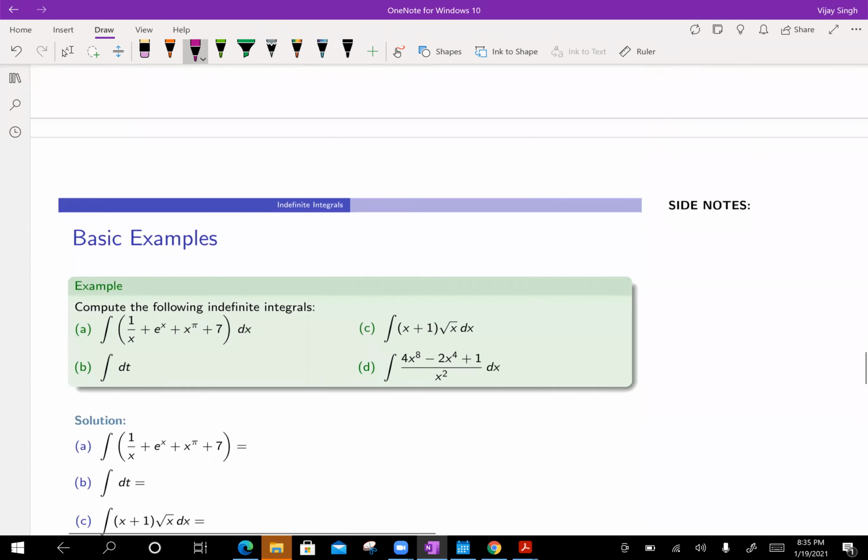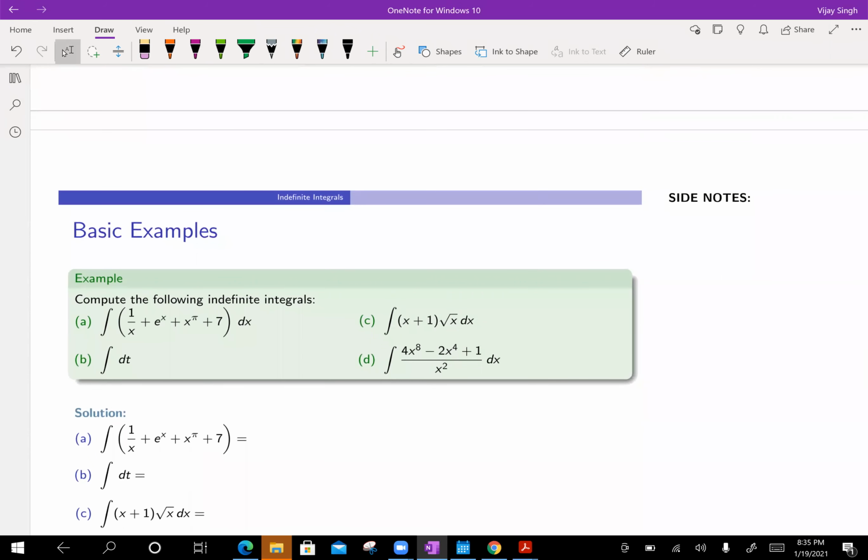So problem 1. We have 1 upon x plus e to the power x plus x to the power pi plus 7 dx. If I just write it like that, it's not correct, right? We need to add a dx in the end, and then it makes sense. Without dx, it has no meaning.